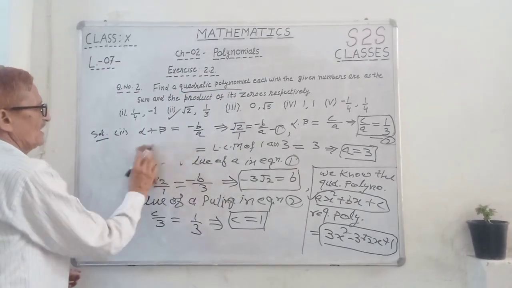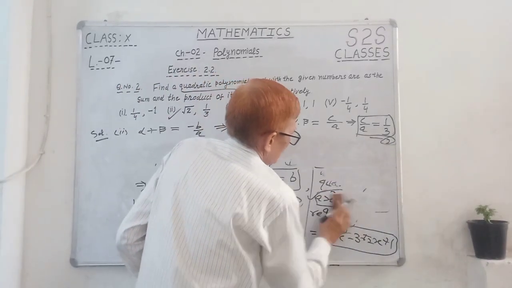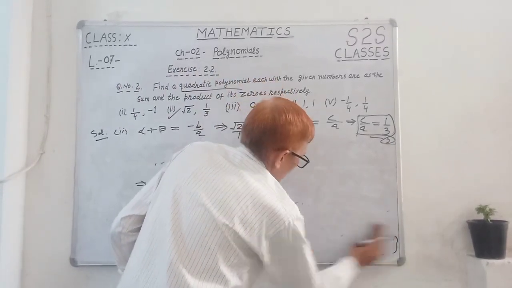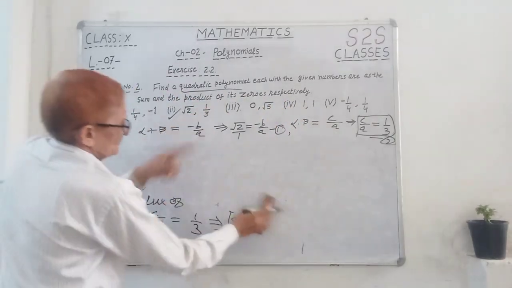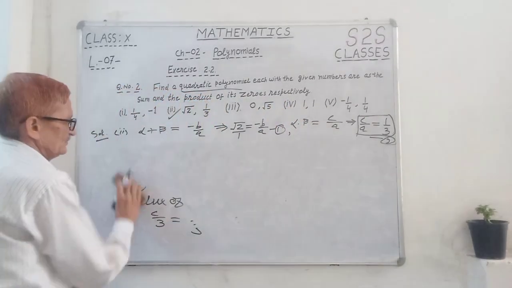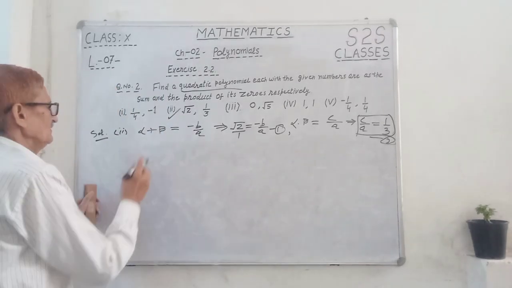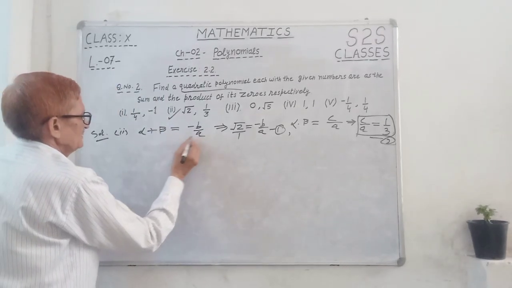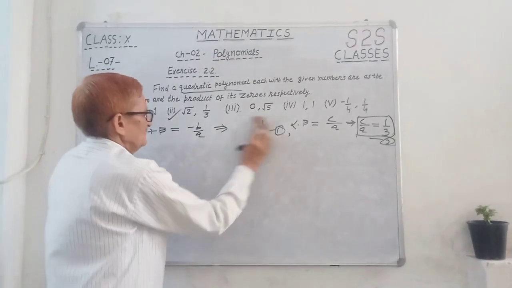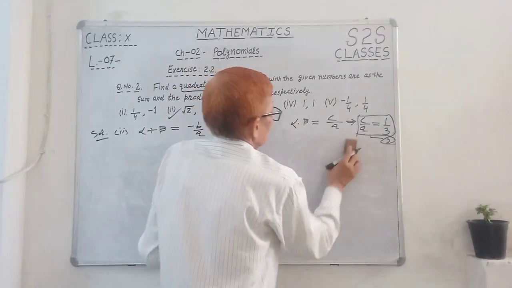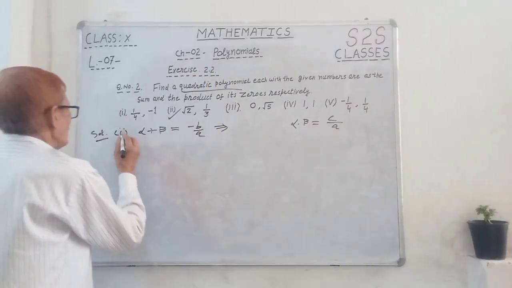Okay, now in the third part, similarly you can do it. What is the third part? Third is 0 comma root 5. Sum of the zeros is 0, meaning alpha plus beta is 0. So put 0 here.